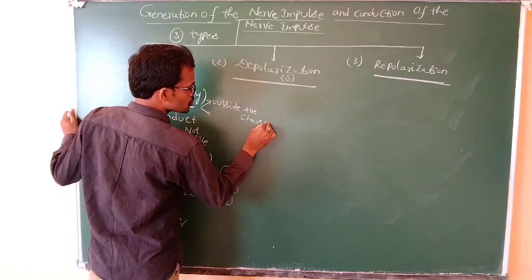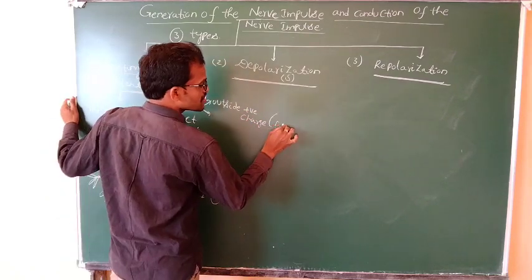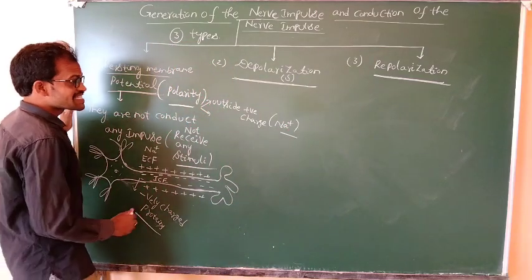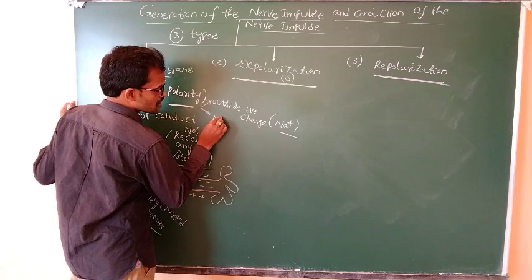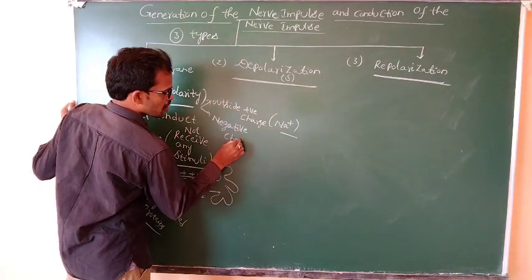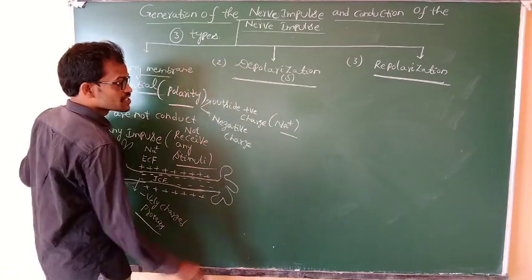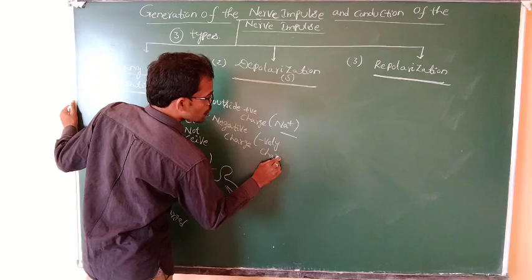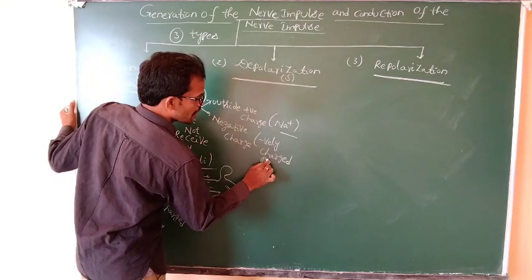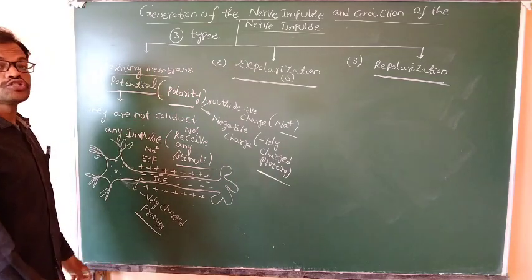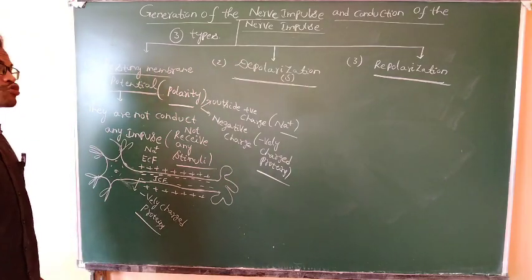Outside means positive charge, and the positive charge is maintained by the sodium ions. Inside is the negative charge, and this negative charge is maintained by the negatively charged proteins.